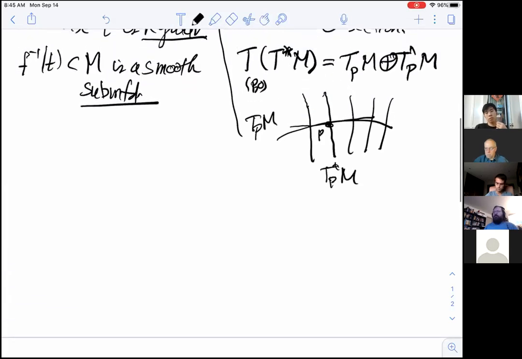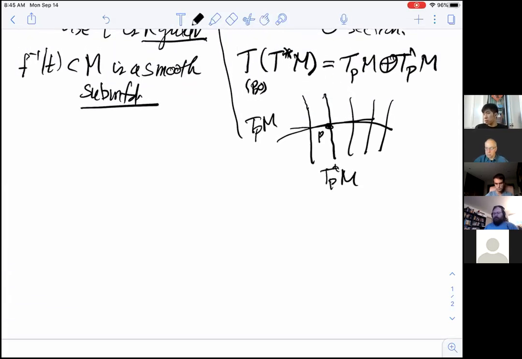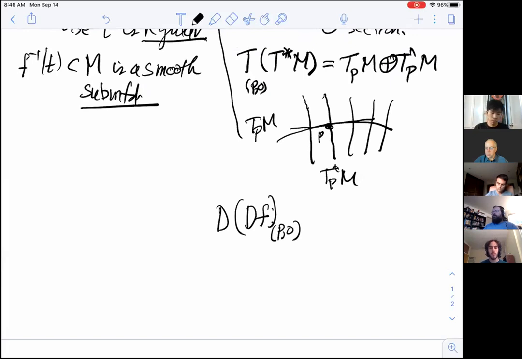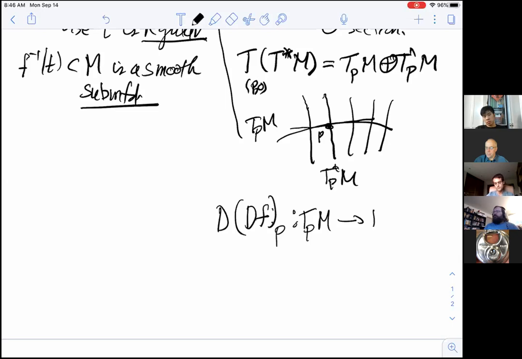All right, so given that direct sum decomposition, we can think of the differential of the differential of F at the point P as a map from the tangent bundle to M at P into the cotangent bundle at P0, but I've now decomposed that as the tangent bundle at P plus the cotangent bundle at P. Of course, the first component of this map is just the identity.